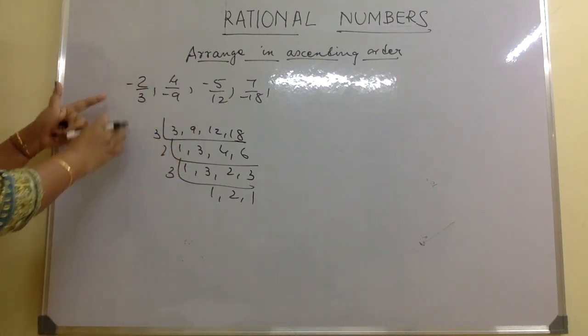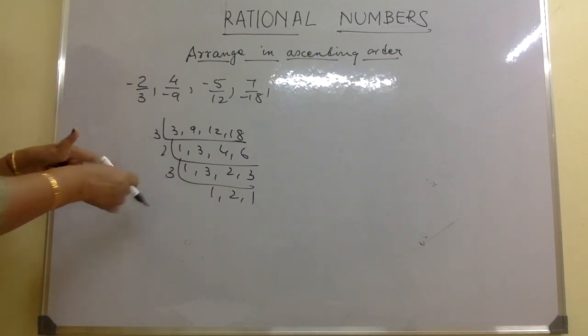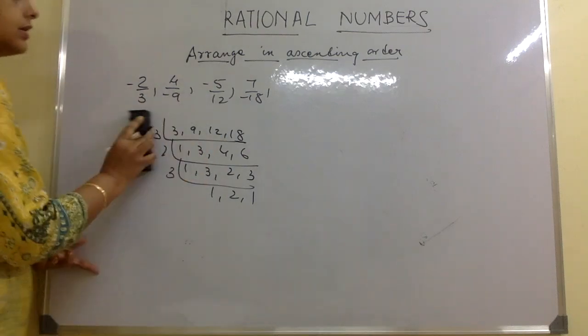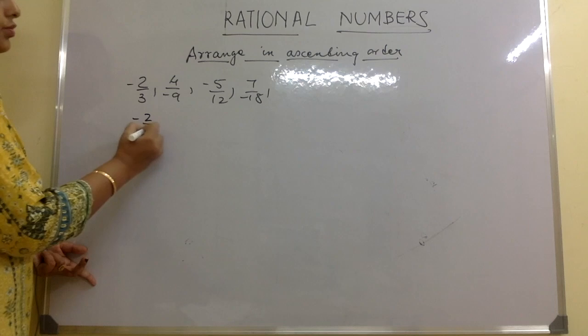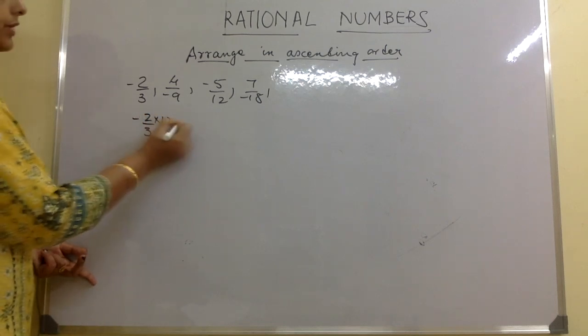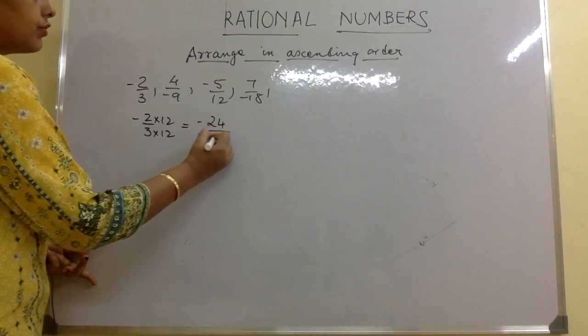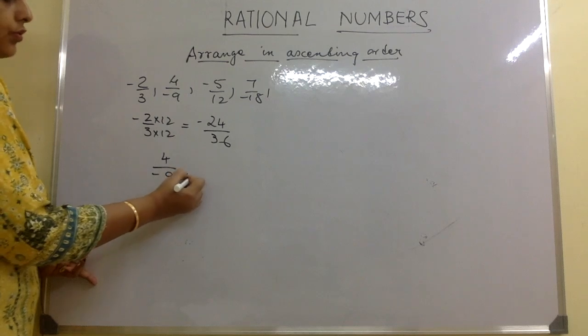Okay, now each of these will be made with a denominator 36. So we'll get the denominator 36 for each of these fractions. Minus 2 by 3 into 12. Now if I have multiplied with a 12 here, I'll have to multiply with a 12 here also. That is minus 24 by 36. 4 by minus 9 into 4 and into 4.